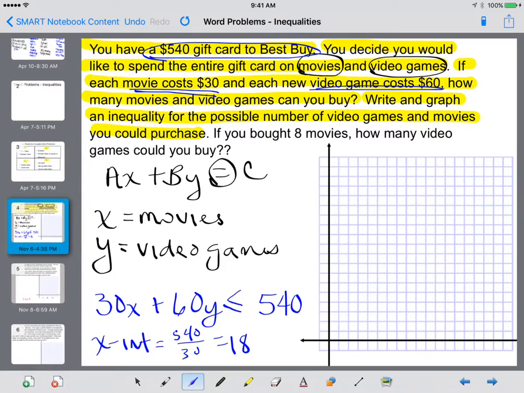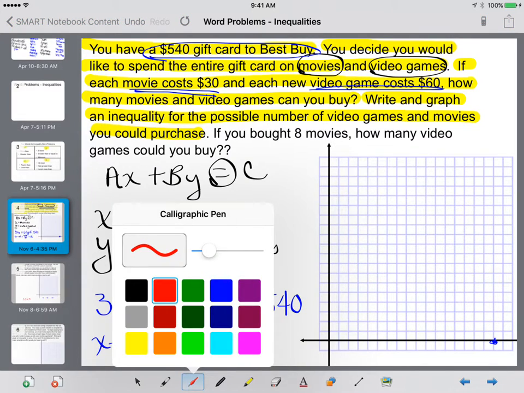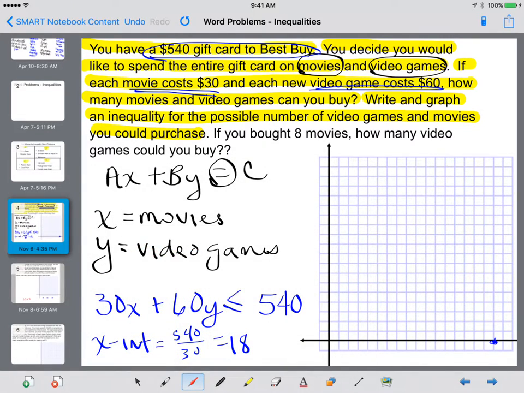So I can plot the x-intercept along this axis at 18, and I know that's right there. Now our y-intercept, I'm going to go right here, is 540 divided by 60, which equals 9.